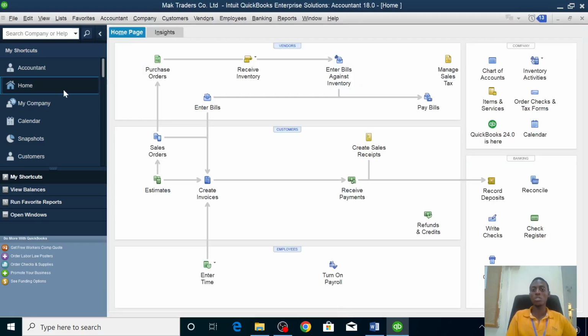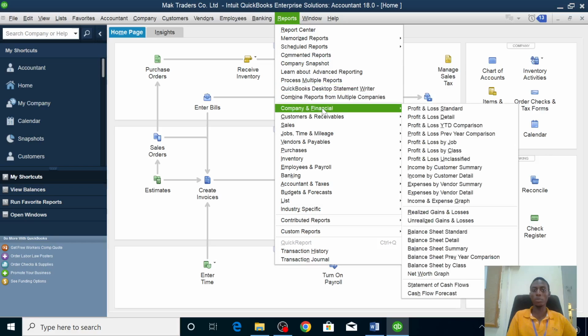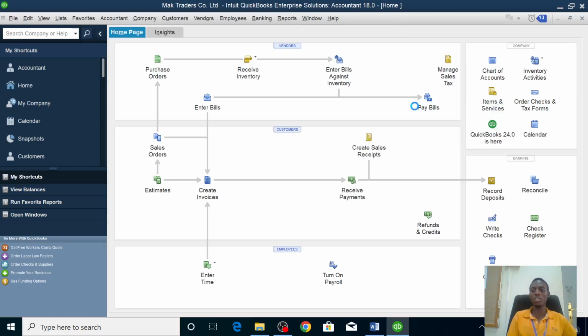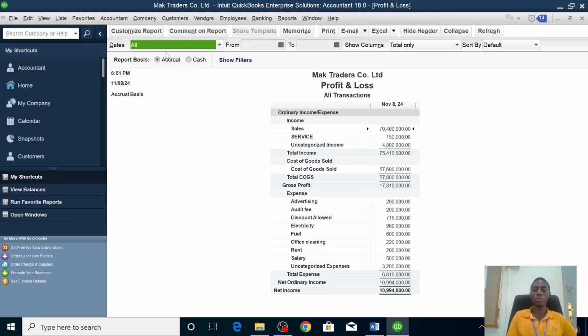Since now I'm done with all the transactions, now I am free to present my reports. I come here, reports, company and financial, then profit and loss standard. I come here, select all. Now my profit and loss statement is right here.